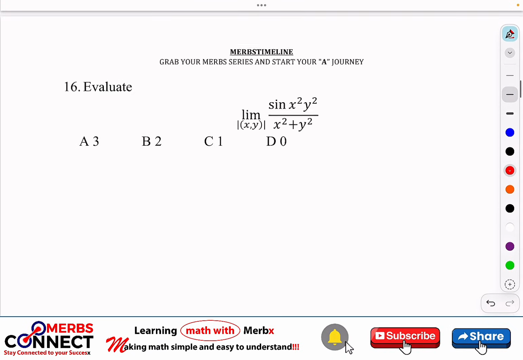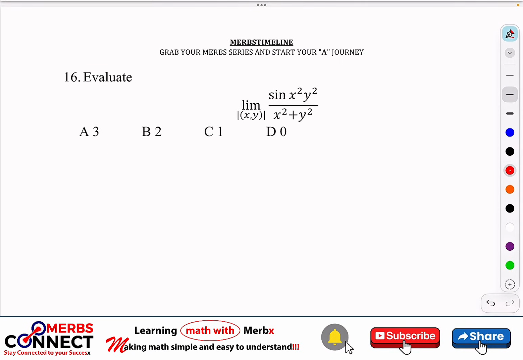We have more questions to do. Oh my God, this question is amazing. Now let's look at this question. We want to find the limit of this, but we need some strategy, right? Absolute of x, y. Now this is a magnitude, so this is the same as the square root of x squared plus y squared.